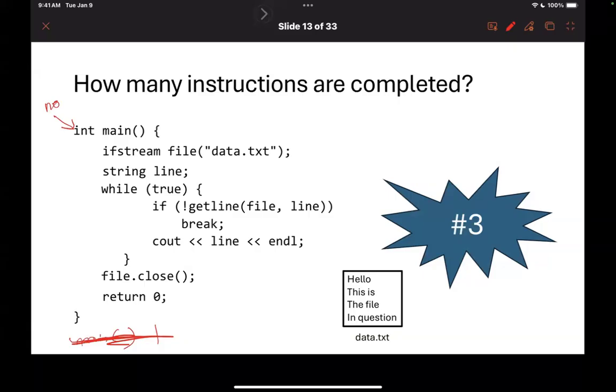All right. Have we reached a consensus? What is your guess? 8. I have 13. Let's see. Okay. So that's 1.